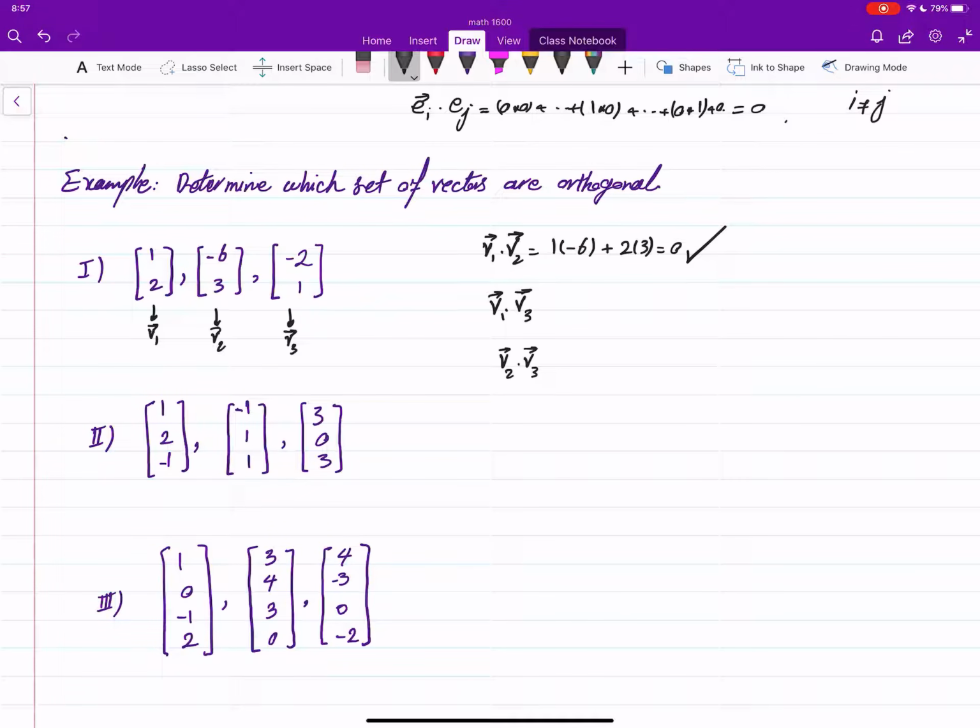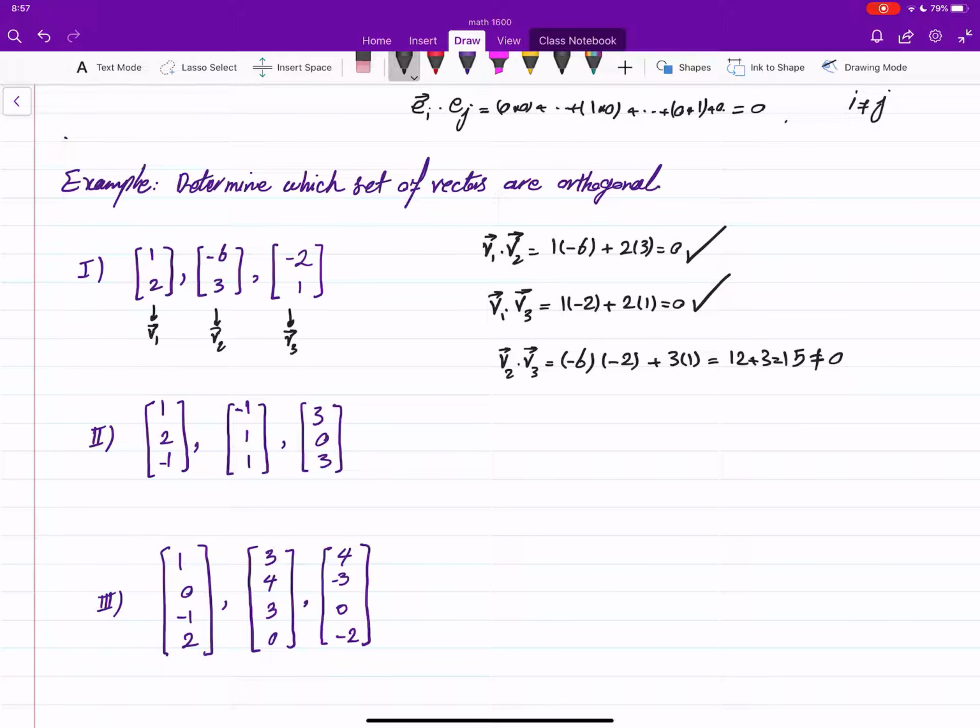That's nice. And v1 dot v3 is 1 times negative 2 plus 2 times 1, also 0. So far, so good. How about v2 and v3? Negative 6 times negative 2 plus 3 times 1 gives 12 plus 3, which is 15, and it's not equal to 0.